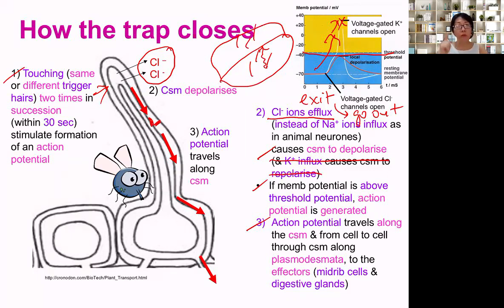And then it can travel from cell to cell through the membrane at the plasmodesmata, because the cell surface membrane of 2 neighboring cells are connected at the plasmodesmata. So that's how they send the action potential from cell to cell to cell to cell, all the way from the sensory hair here to the cell at the mid-rib, okay, of the trap.